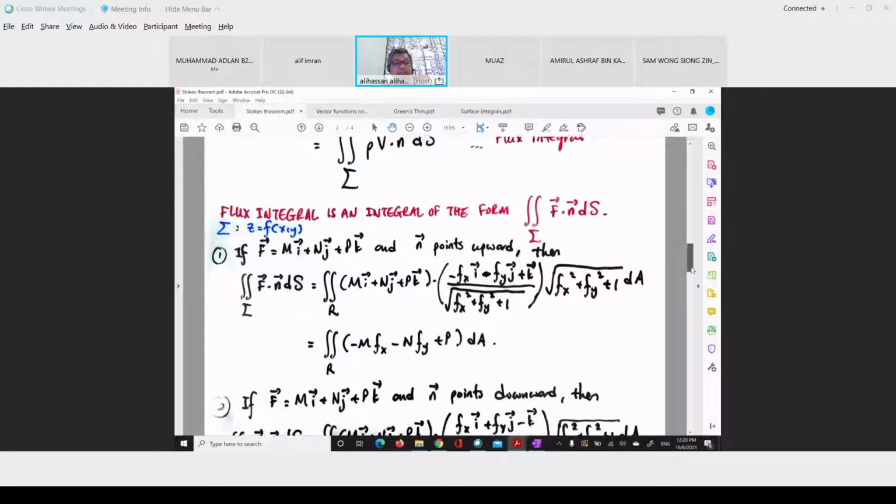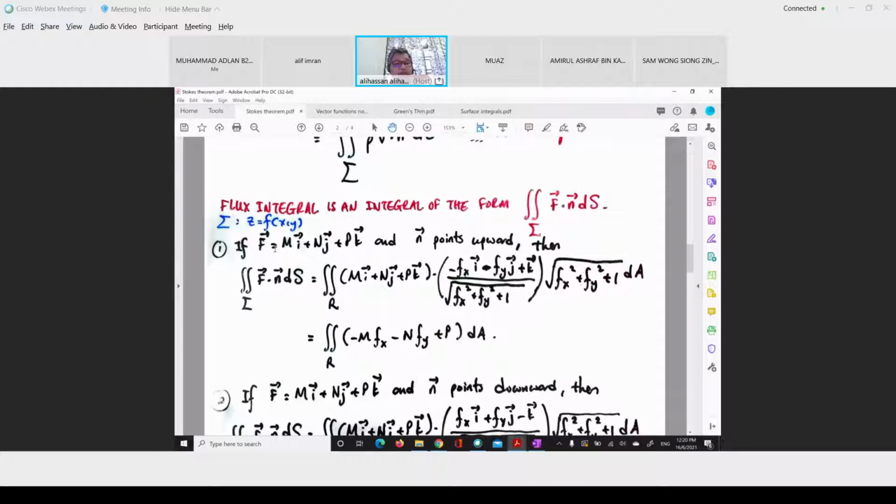And let the vector field F be represented in terms of its components: M vector i plus N vector j plus P vector k. And suppose n points in the upward direction.